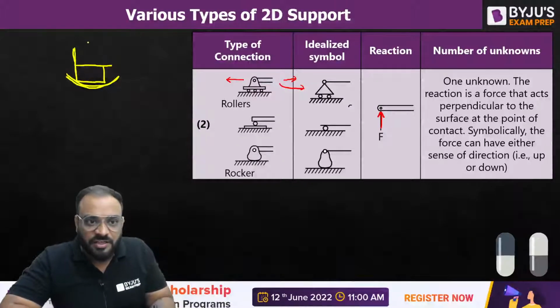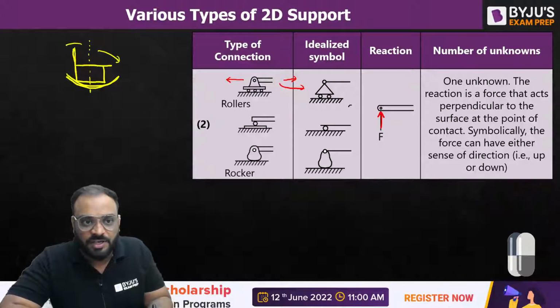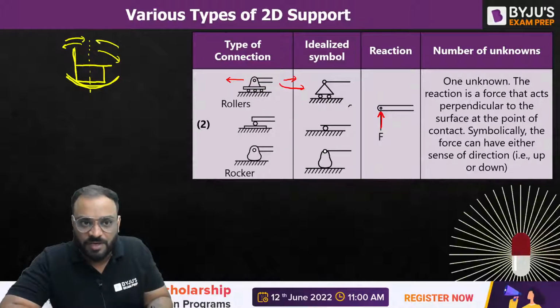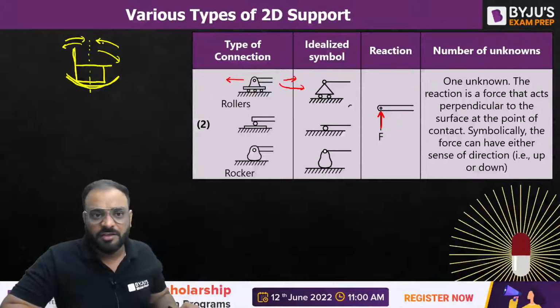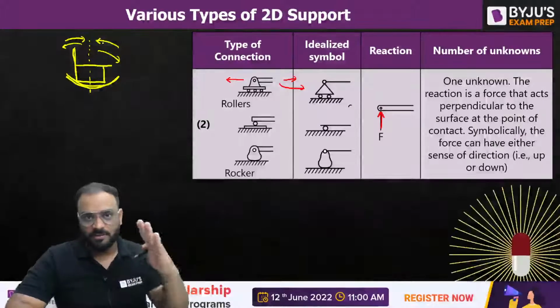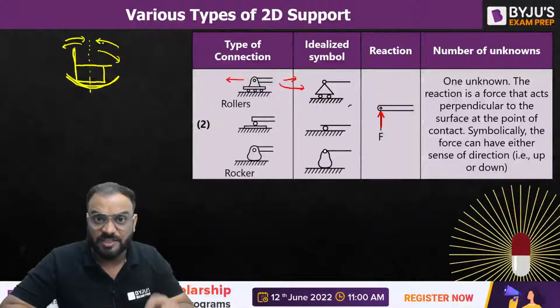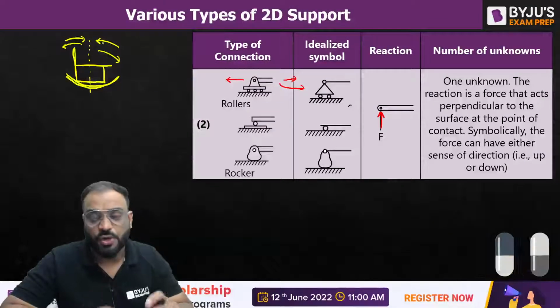Now this chair can tilt in this direction and in this direction also, but it can come back to the original position again. So it is like this, right? So in this case you have a limited horizontal displacement. That's why it is known as rocker support.